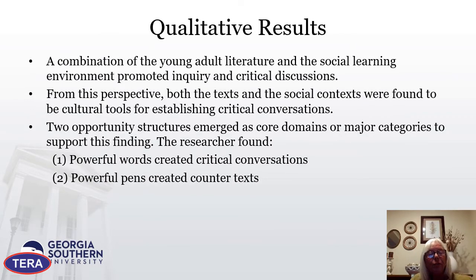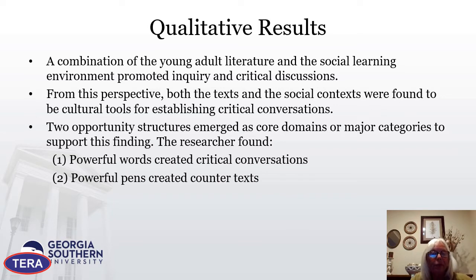The qualitative results from using inductive coding and from conducting the principles of grounded theory, I found that the combination of the young adult literature and the social learning environment promoted inquiry and critical discussions.